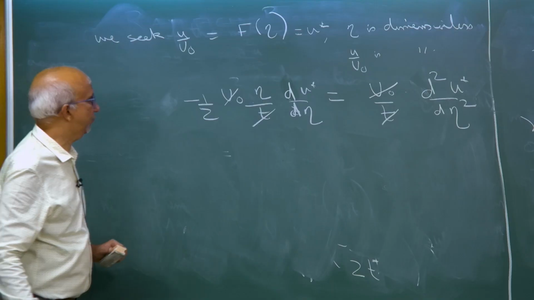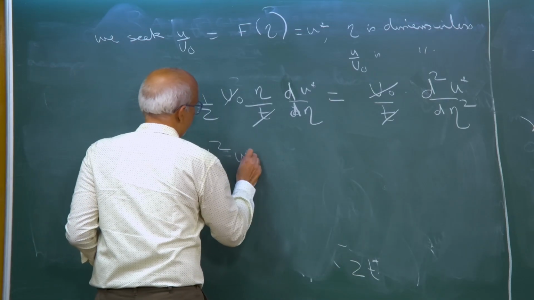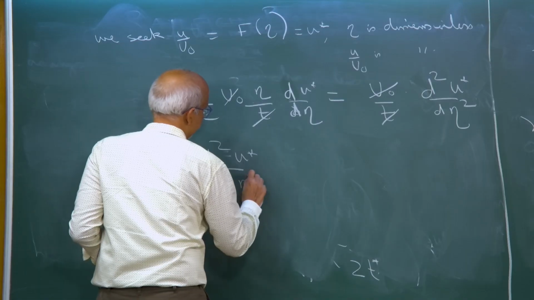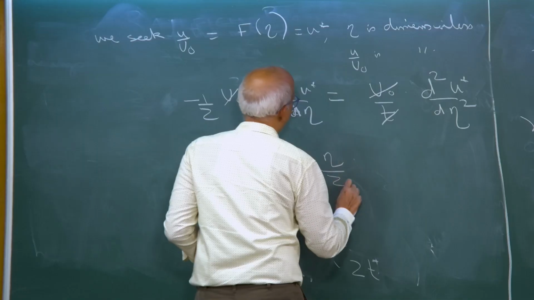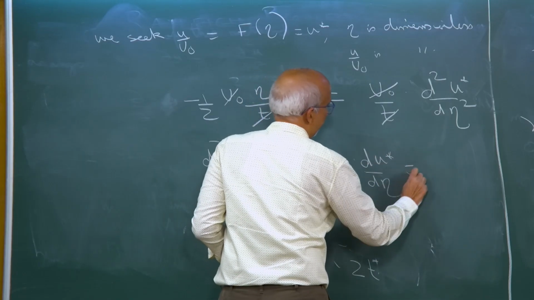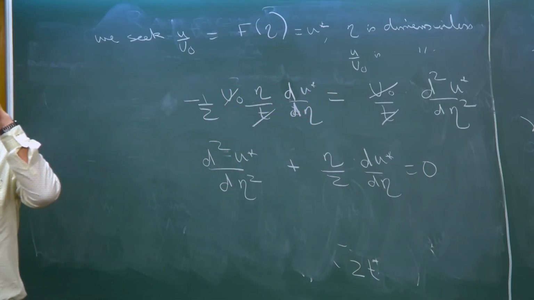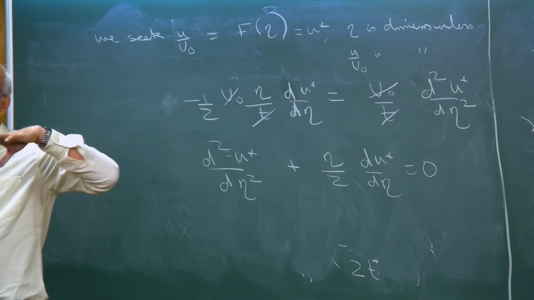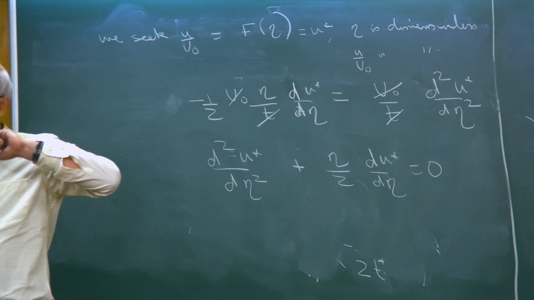So, what I am left with is d squared u star by d eta squared plus eta by 2 d u star by d eta equal to 0. So, this is my ordinary differential equation for u star in terms of eta.